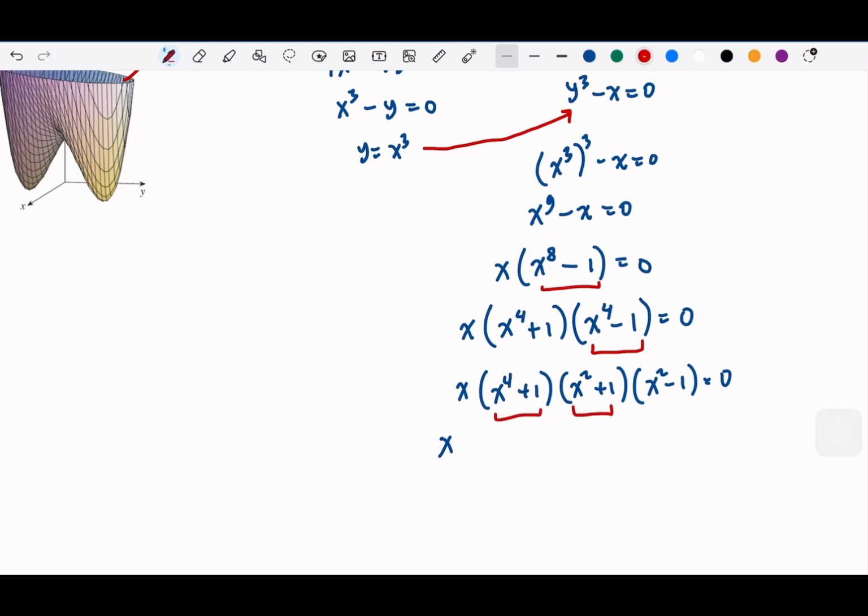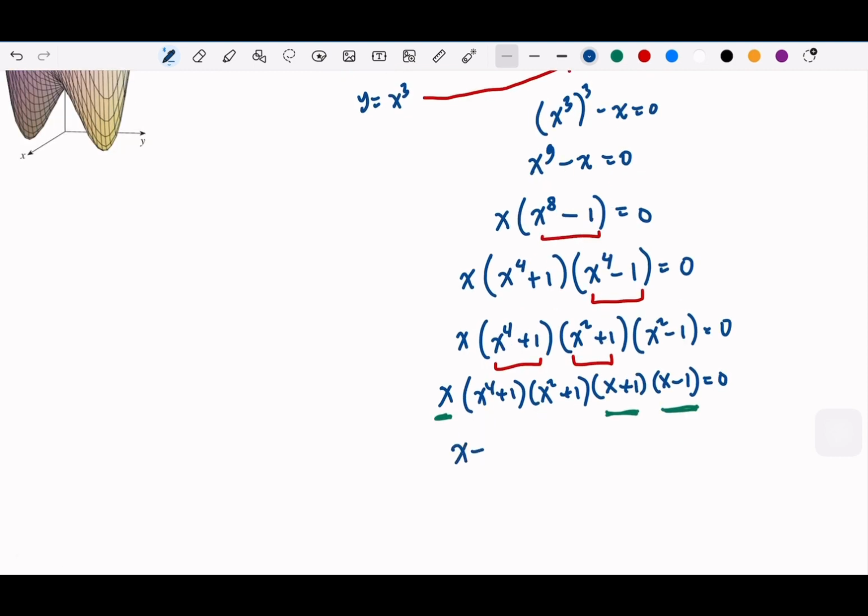This is imaginary. Or if you want to write completely, let me just write again, and this will be x plus 1, x minus 1. So the only way we have a real value is this x, x plus 1, and x minus 1, right? So we have x is equal to 0, or maybe let me write one by one. x is equal to negative 1, x equal to 1. Right? We have three x's.